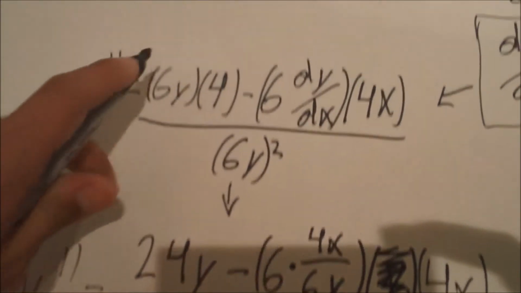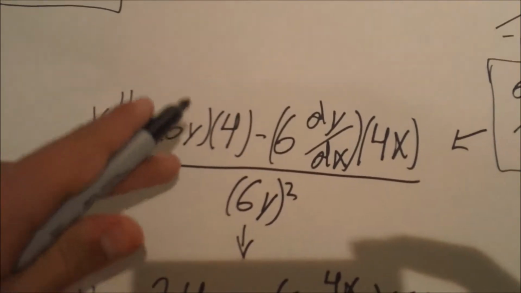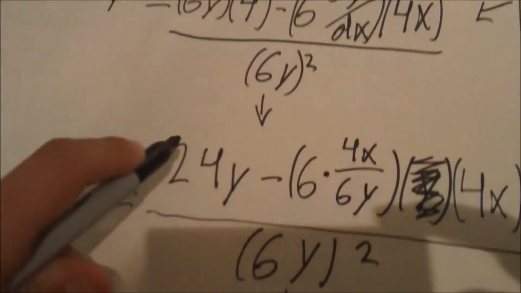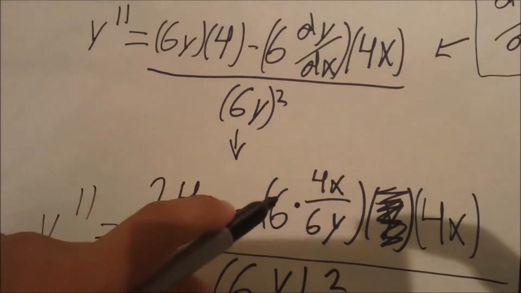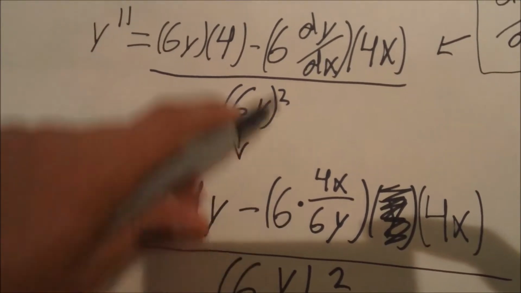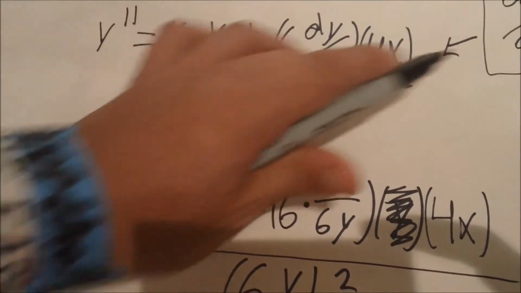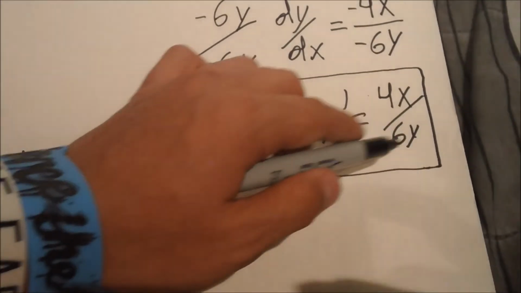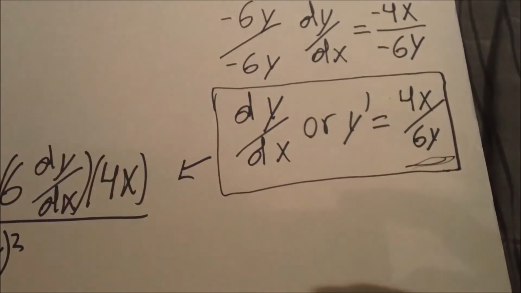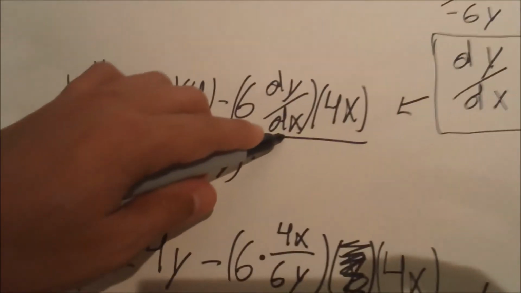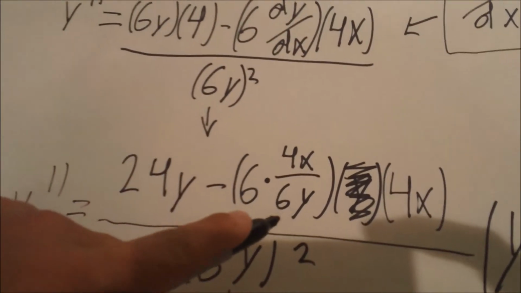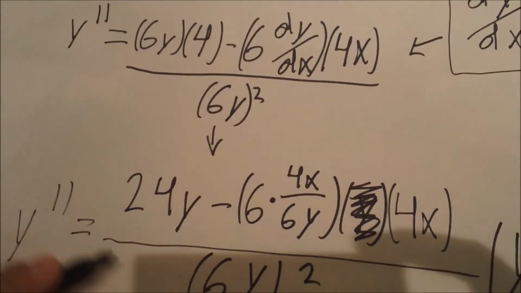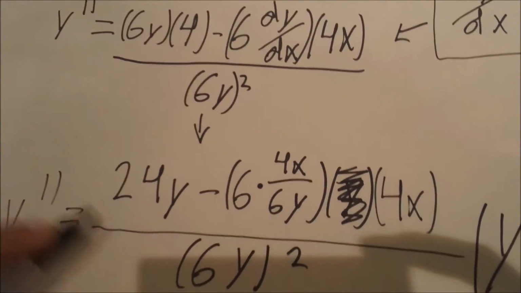Now as you go to simplify this equation, we come down here to 24y minus 6 times your original derivative, because we know that dy over dx equals 4x over 6y. This is equivalent to y prime. So we plug in your original derivative here and you start to simplify.